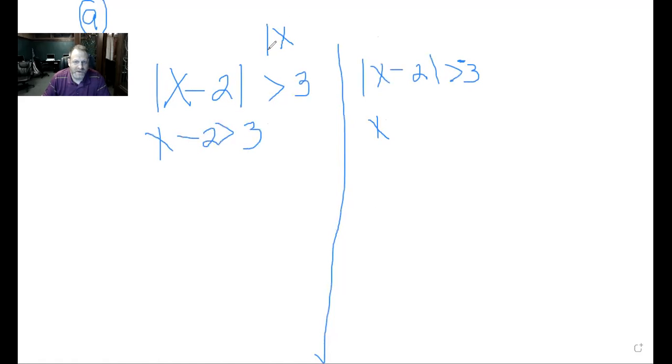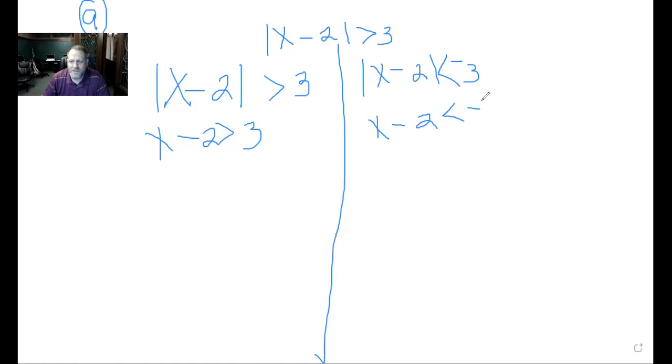Let me put our centerpiece in a better position here. All right, guys, but we didn't flip this sign, did we? We have to flip that sign because that's a negative. So we need to flip our sign. All right, x minus 2.